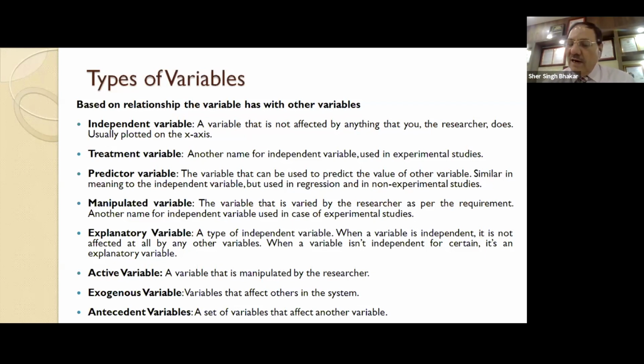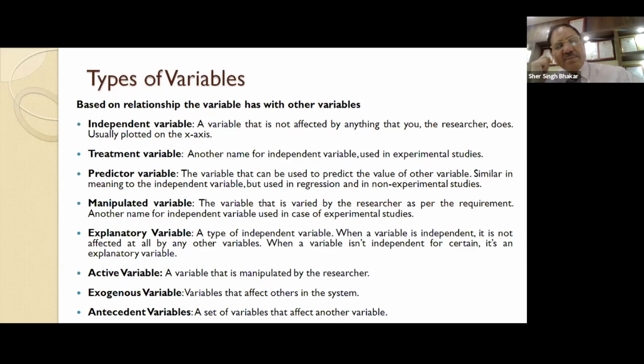Another term used is antecedent, but generally this antecedent is used where there are multiple variables affecting a dependent variable, like say antecedents of customer satisfaction. Customer satisfaction is affected by multiple variables. We use a single word for that, antecedent.